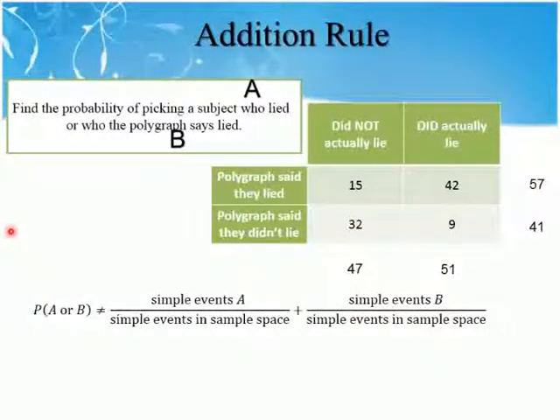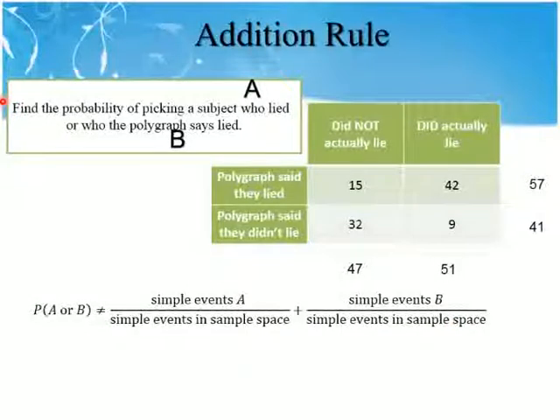So it's tempting to try to say that the probability of A or B, in terms of a classical approach to probability, would just be to calculate the simple events in event A and divide it by the total simple events in our sample space, and add that to the simple events that make up B divided by the total number of simple events in our sample space.